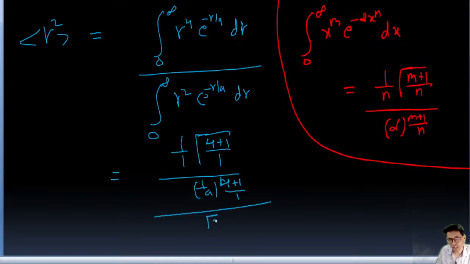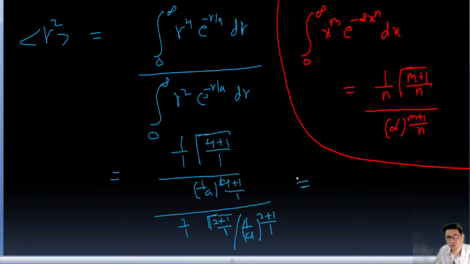In the denominator, r to the power 2, so m is 2, and again n is 1: 1 upon 1, gamma 2 plus 1 upon 1, upon 1 upon a to the power 2 plus 1 upon 1.